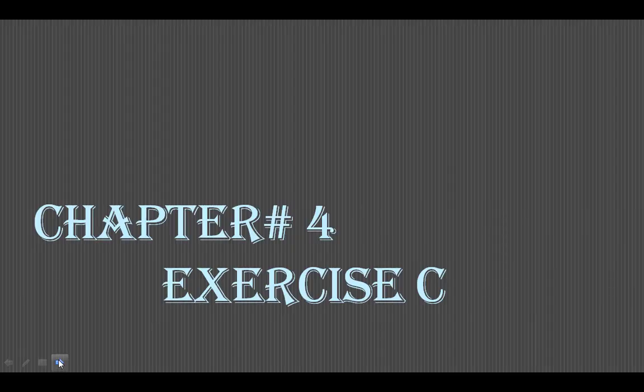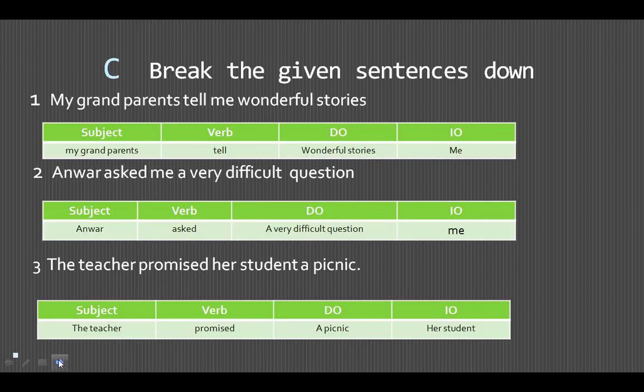Dear students, I have designed an exercise for you from chapter 4. Exercise C. Break the given sentences down. First sentence is: my grandparents tell me wonderful stories.